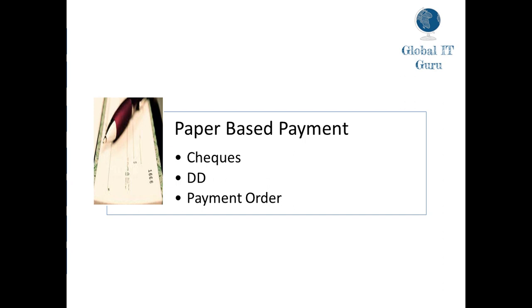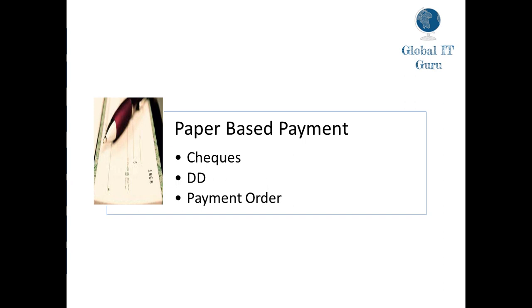As you know, a check is an order to transfer money from payer bank to payee bank. The beneficiary will deposit it in his bank, and it goes through the clearing house system to clear the fund. So this is a crisp idea about checks.